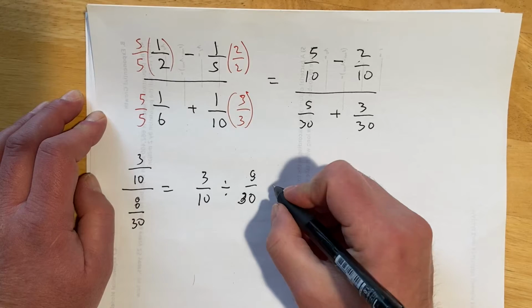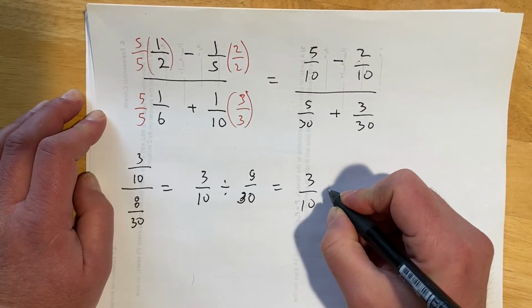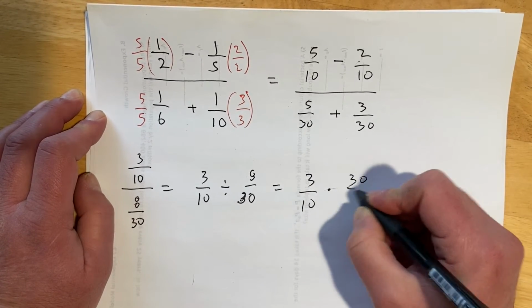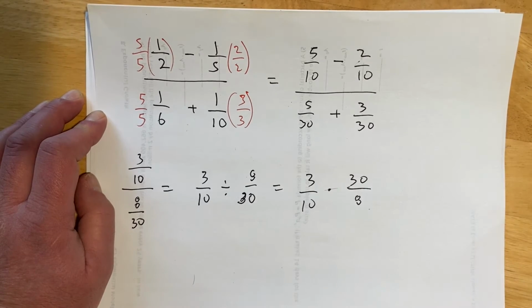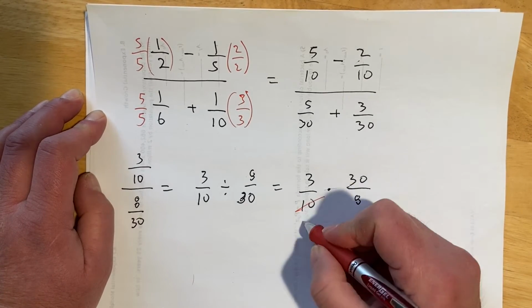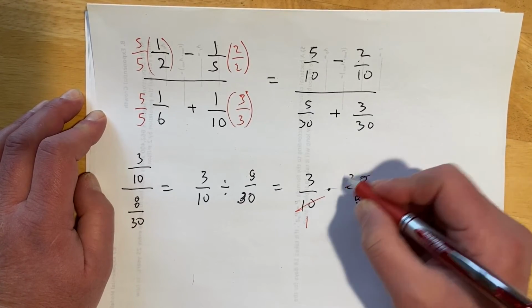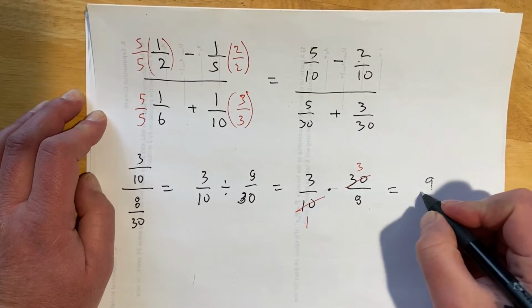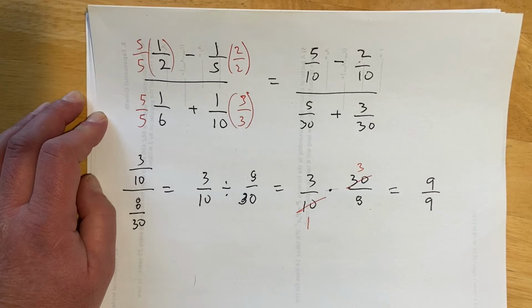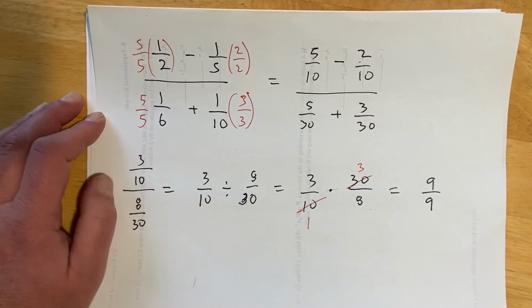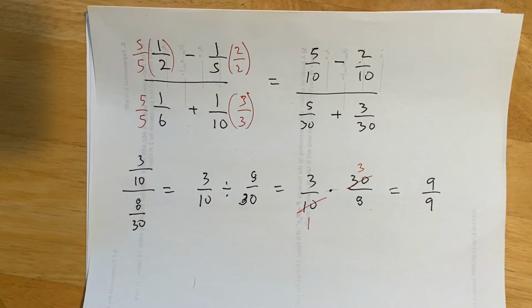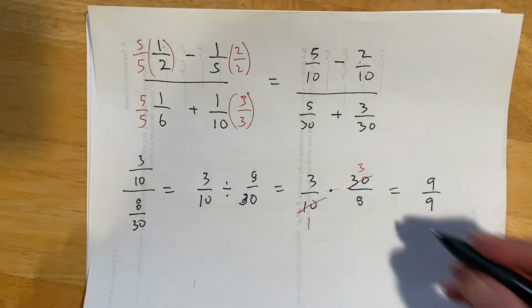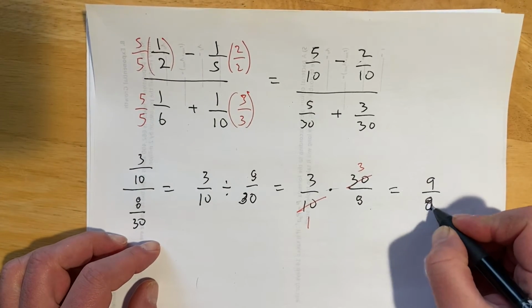And then we do our reciprocal, so 3 over 10 times 30 over 8. And it looks like 10 goes into 10 once, 10 goes into 30 3 times. And so hopefully this comes out to 9/8, which it does. Okay, and I wrote 9/9 at first, so it's 9/8.